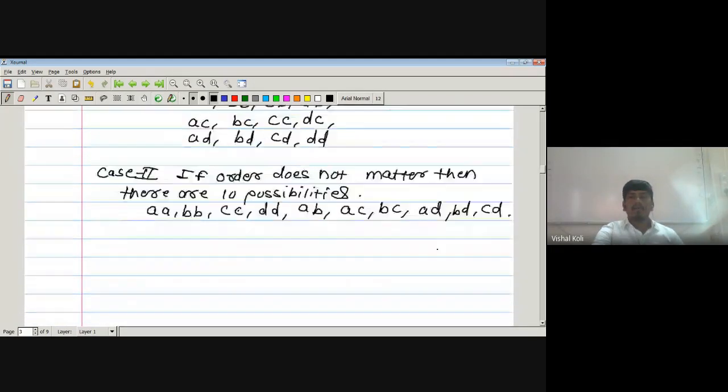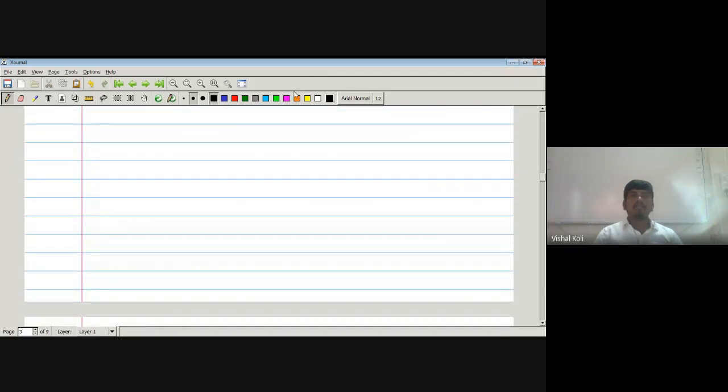Okay. Now the next concept will be generating functions. Let us first see the definition of generating functions.